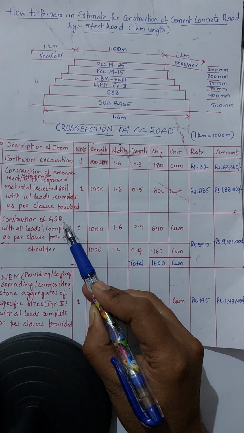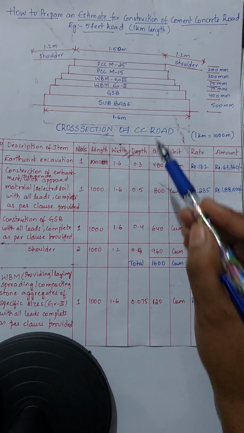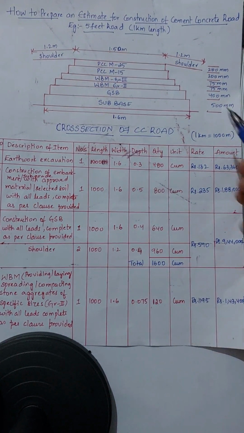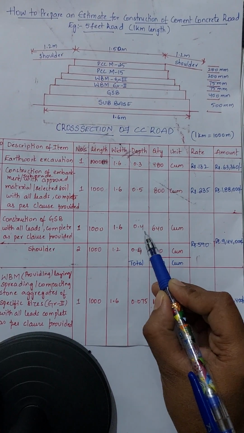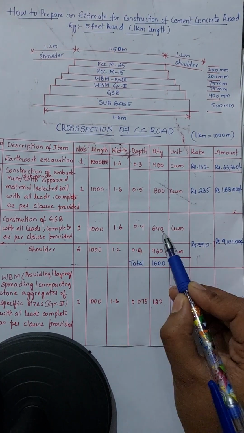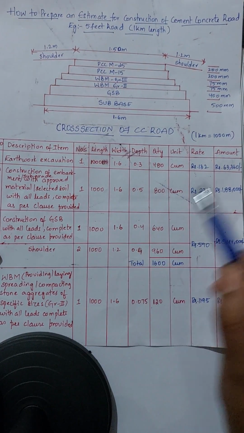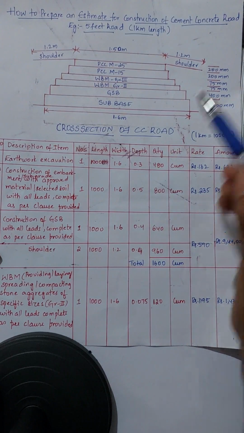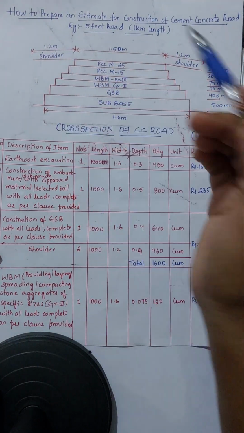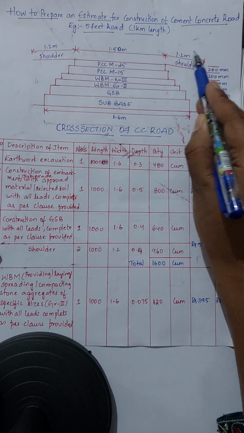In the same way we will find for the GSB. For construction of GSB, the length is 1000 meters, the width is 1.6 meters, and the depth is given as 0.4 meters. After multiplication of 1000 into 1.6 into 0.4, we get 640 cubic meters. And for the shoulders also we will find how much GSB is required. There are two shoulders and the width is given as 1.2 meters.